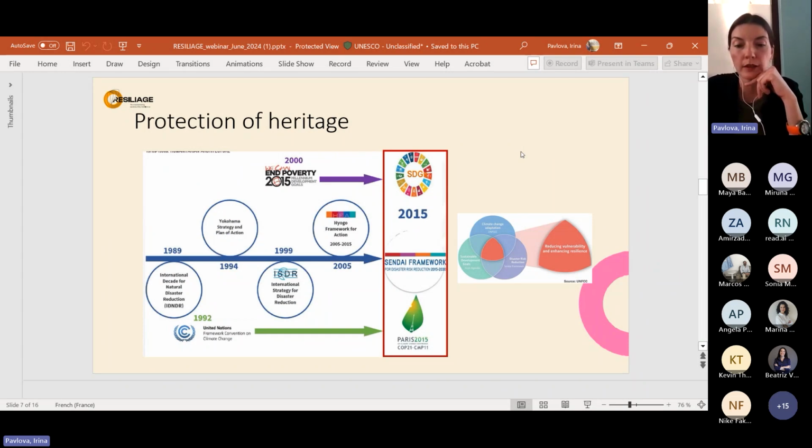Here I'm referring to the international community, which adopted in 2015, along with the post-2015 agenda on sustainable development, the Sendai Framework for Disaster Risk Reduction. This framework aims to reduce risks, and it's the first time that in such a framework there was a reference to heritage protection. This means that at national level, governments will have to think about how to integrate heritage protection into their disaster risk management systems.